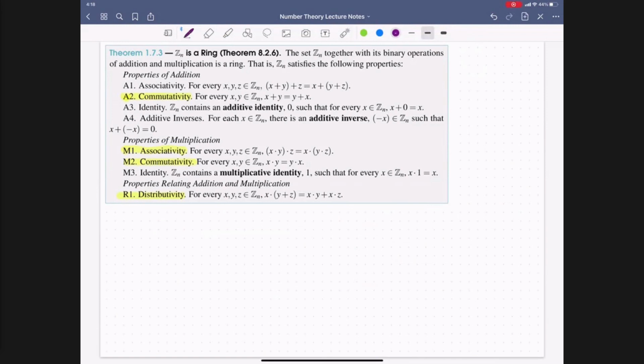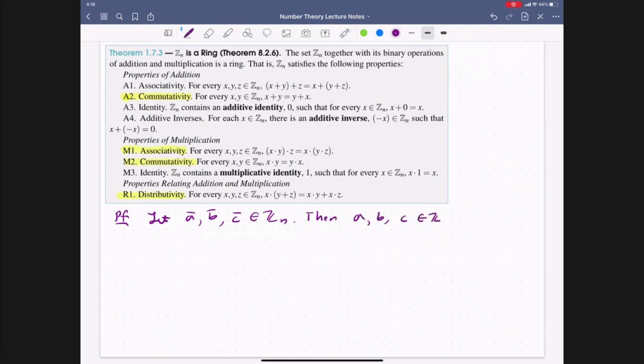So for the proof, this is how we're going to argue it. Let A bar, B bar, C bar be elements in the integers modulo n. Because we're choosing these congruence classes, we can take A, B, and C to be integers.